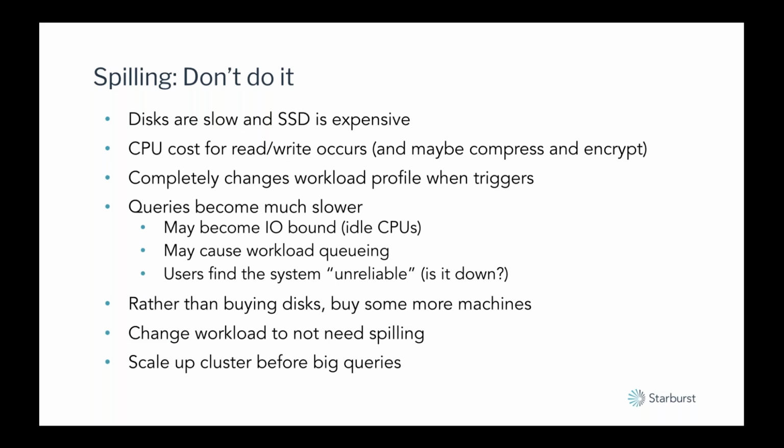And if you're not using local disk, you're spilling across the network, and it's even worse. And given the cost of these SSDs, you're probably just better off adding more memory to your cluster. You can switch from the M's to the R's for not a huge step up in price. So add more memory.